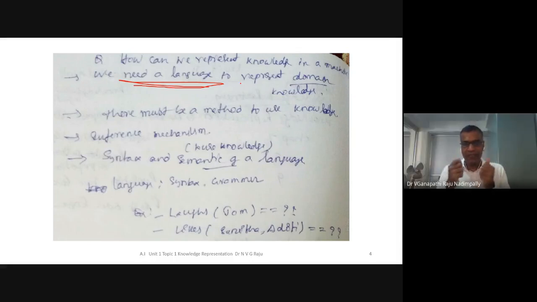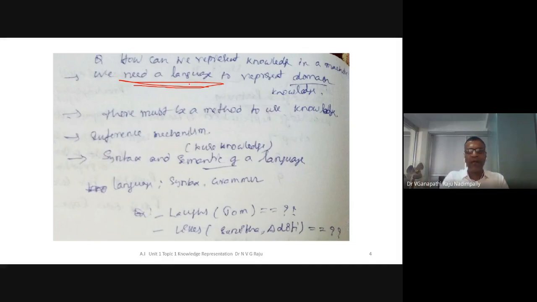Now, if I want to give knowledge to the machine, if I want to teach computer science, we teach it in the form of languages. It can be C or C++, Java, nowadays maybe Python and R. Tomorrow, day after tomorrow, it may be some X language.